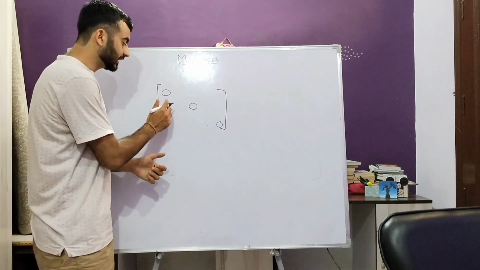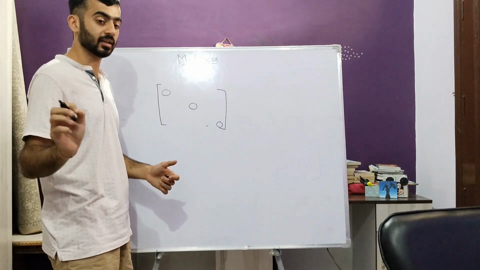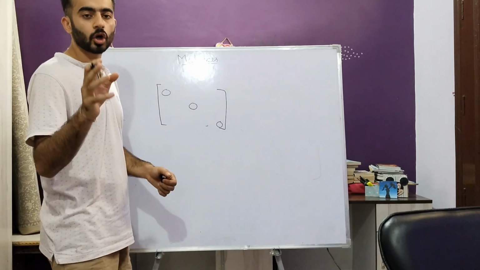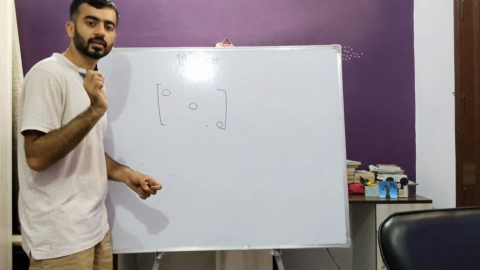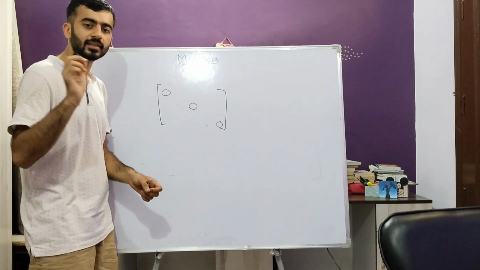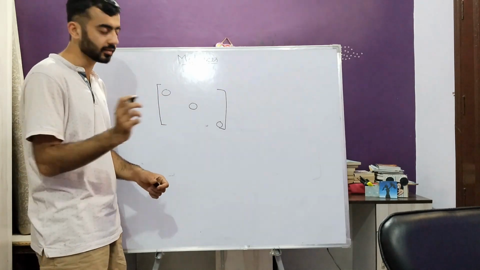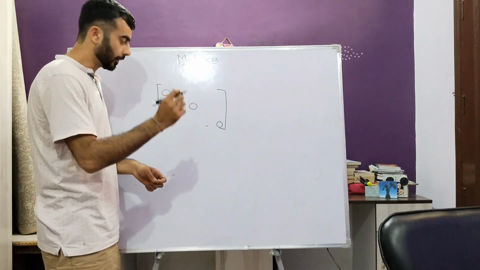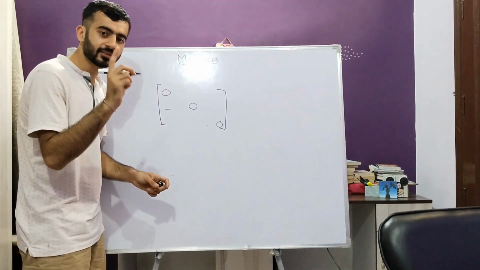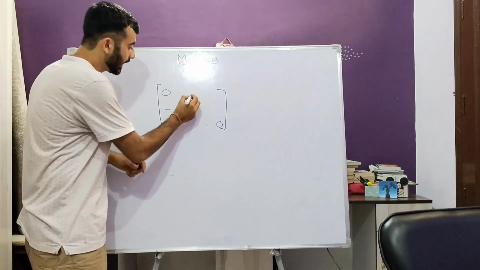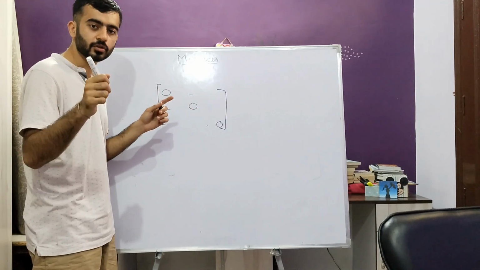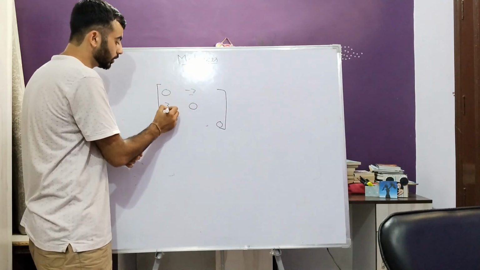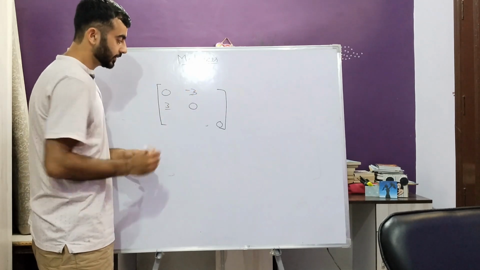Now let's come to the non-diagonal elements of a skew symmetric matrix. In the non-diagonal elements of the skew symmetric matrix, they should add up to zero. For example, the element at the second row first column and the element at the first row second column should add up to 0: plus 3, negative 3.